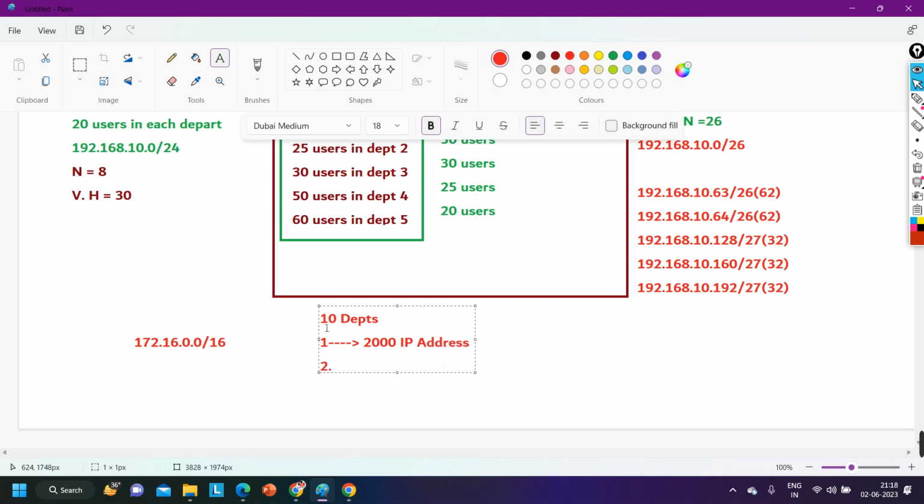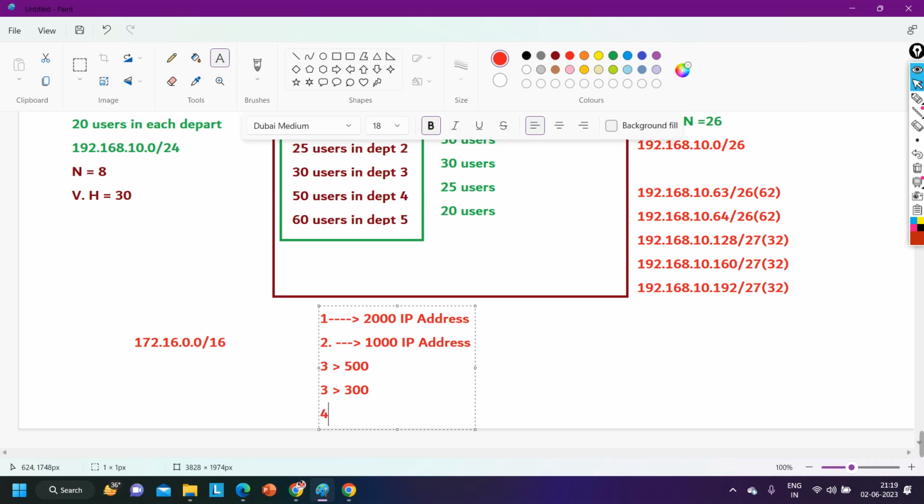In department 2, 1000 IP addresses. In department 3, let's say I need 500. In department 4, let's say I need 300 IP addresses.